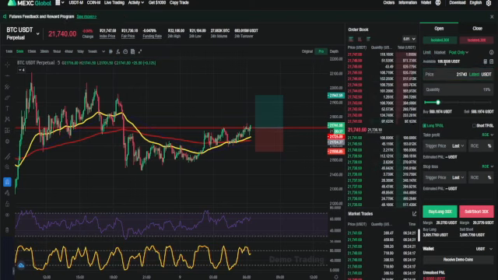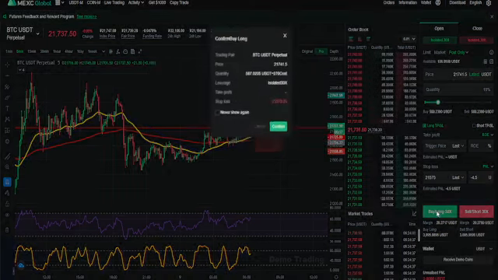It's limit or cancel. So I hit post only, latest, and then I come down here to P&L because I know what I want to lose. I would enter the amount I'm willing to lose right here, and I would hit my buy.